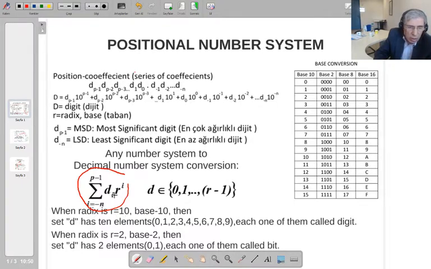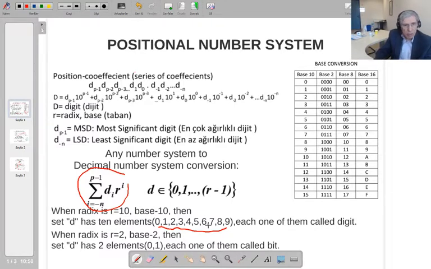That D is a set. This set includes these 10 symbols, the symbols that we know in arithmetic. So in decimal system, we've got 10 symbols. 10 is not included here because it starts from 0. So total symbols is this. By using these symbols, we can represent any number.